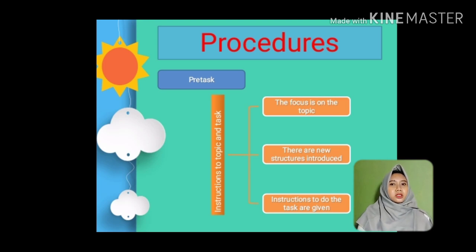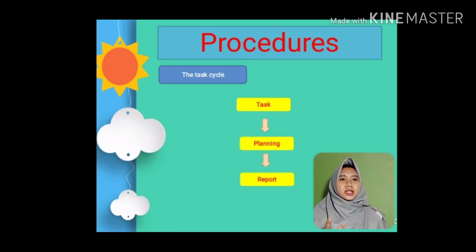And then in the pre-task, elicit vocabulary, provide a model, exploit role play, do a similar task, and allow the students time to plan how they do the tasks. And then the second step is the task cycle.